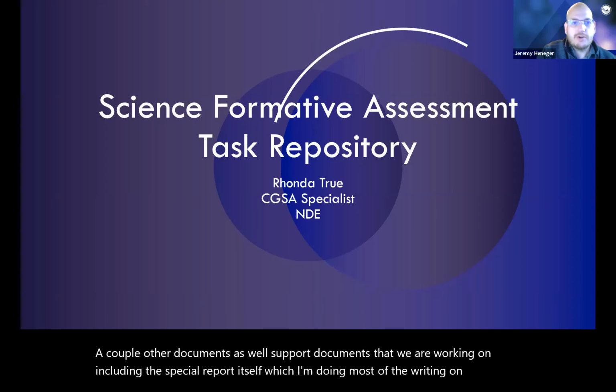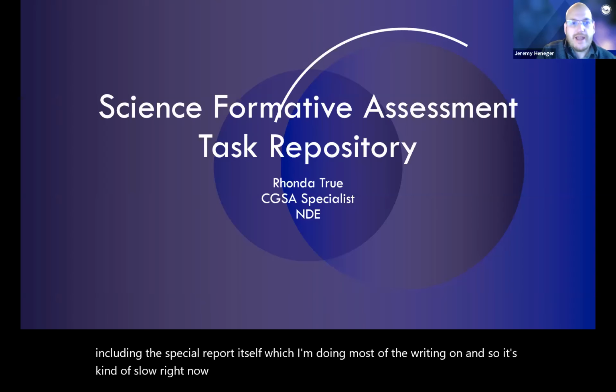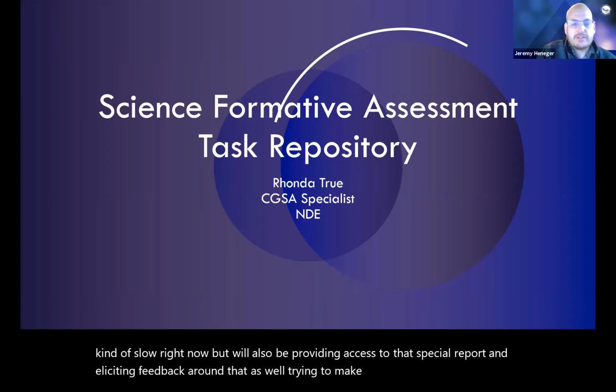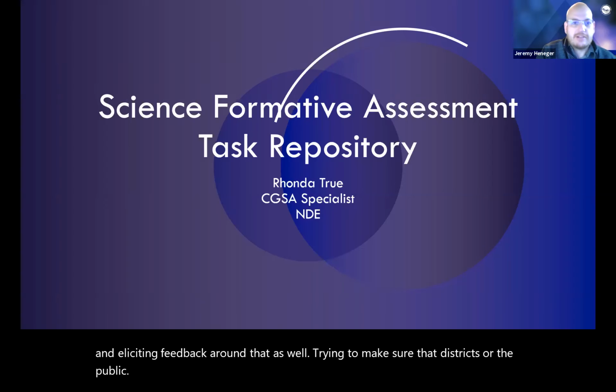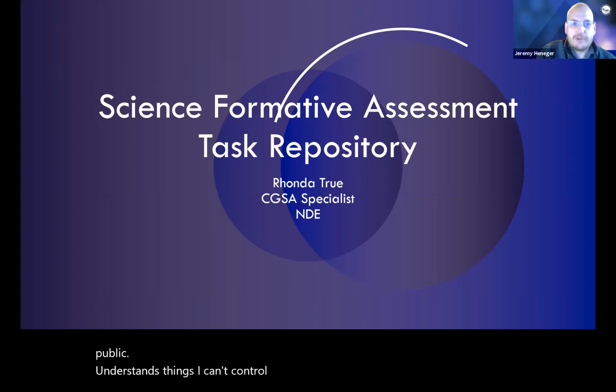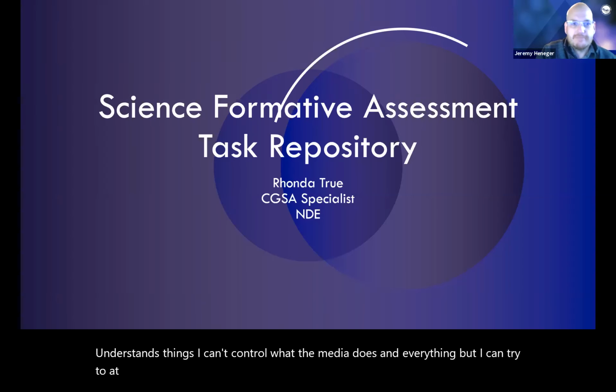So it's kind of slow right now, but we'll also be providing access to that special report and eliciting feedback around that as well, trying to make sure that districts and the public understand things. I can't control what the media does and everything, but I can try to at least get them to acknowledge some of the pieces that we want them to acknowledge.